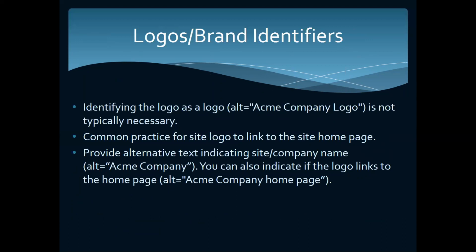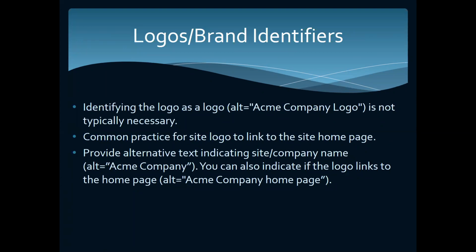Backing up, talking about logos and brand identifiers. We see a lot of these in our university context. There's some type of logo or brand identifier on the vast majority of our web pages. Identifying the logo as such, as in the example on the slide, alt equals Acme Company logo, is not really typically necessary.